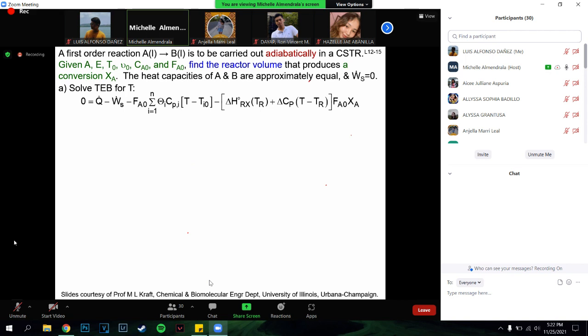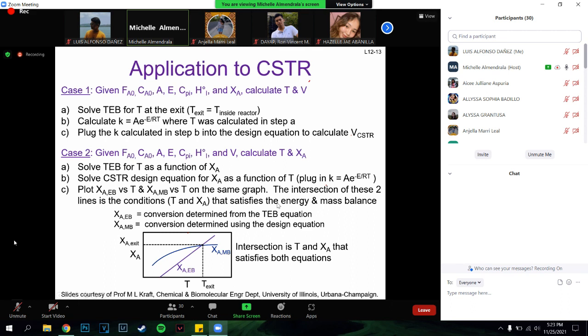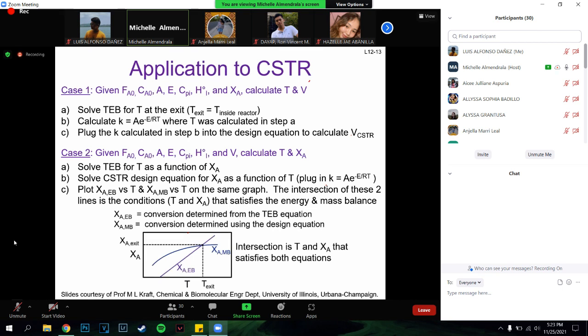Okay, let's apply now our equation. So that's the two equations for adiabatic PFR. This one is adiabatic PFR. This one too is adiabatic PFR. So we have these two cases.